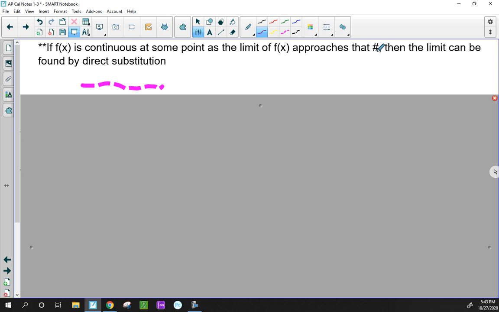Because of that, you can take the value, like x approaches 4, for example, and put that number directly into the problem, using PEMDAS, whatever it takes to find the answer. That's called direct substitution.